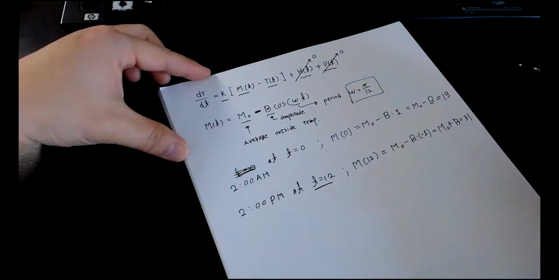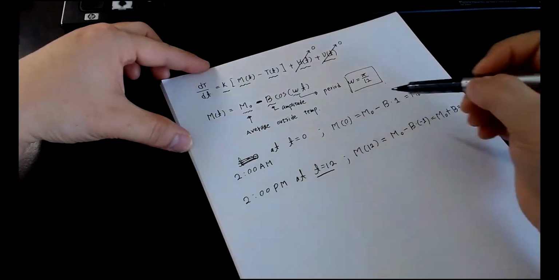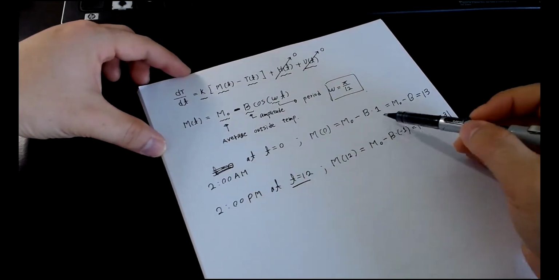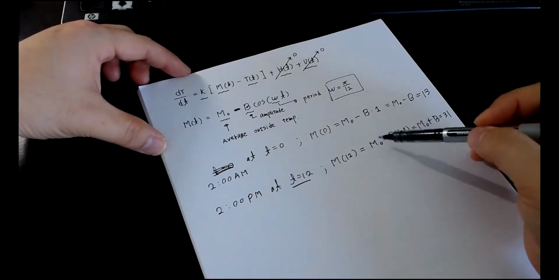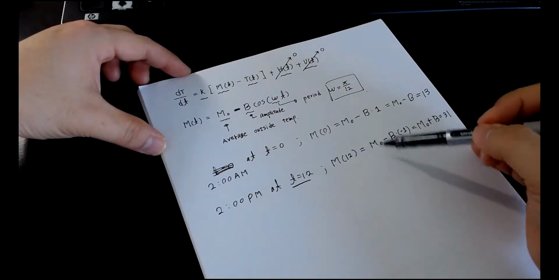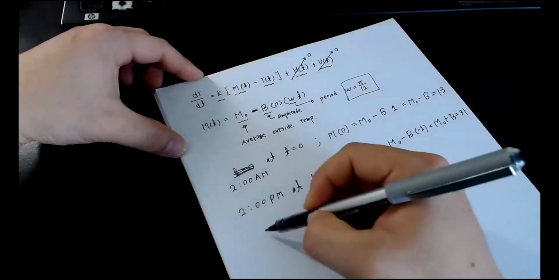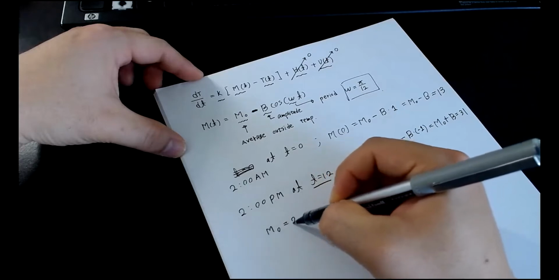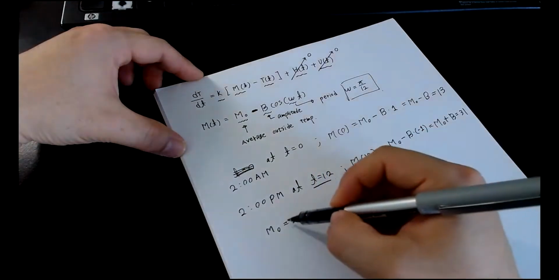Now, we see that we have a system of equations for m0 and b. Solving the system of linear equations for m0 and b, we get M0 is equal to 24. Oh, not 24, I'm sorry.